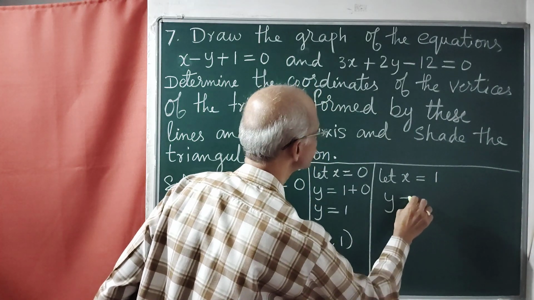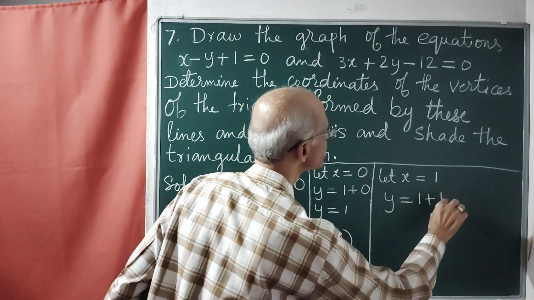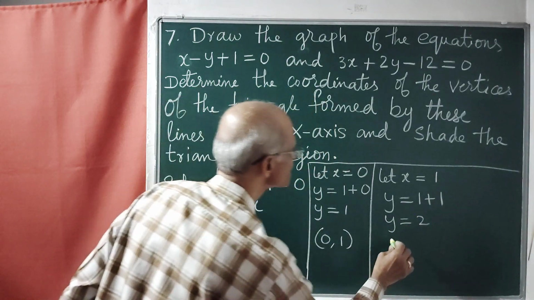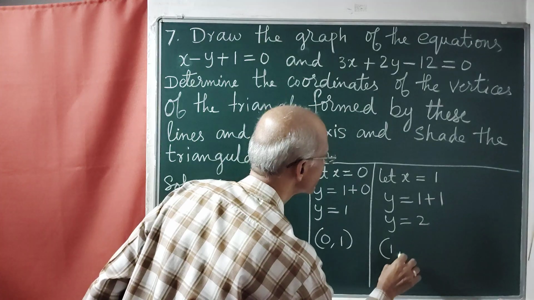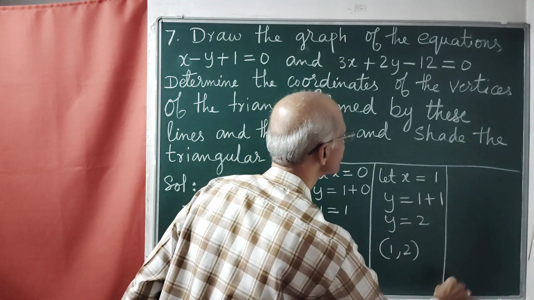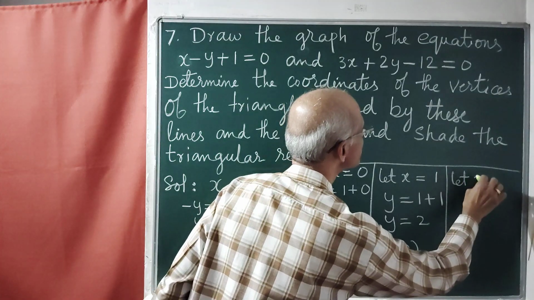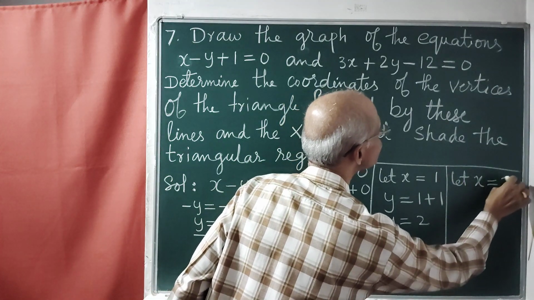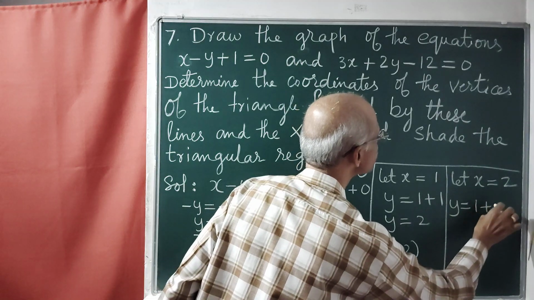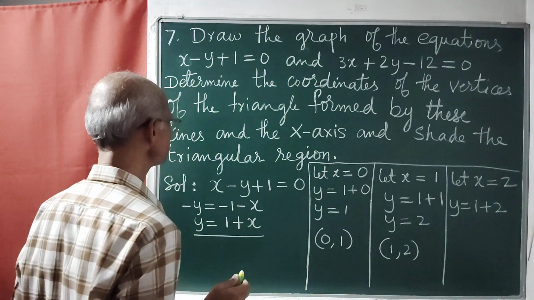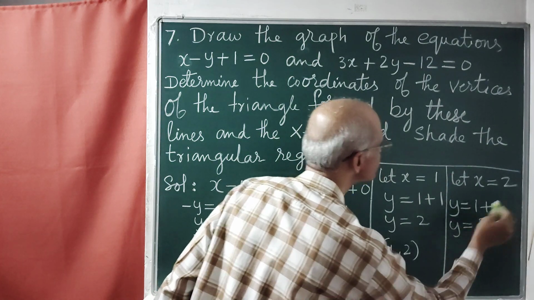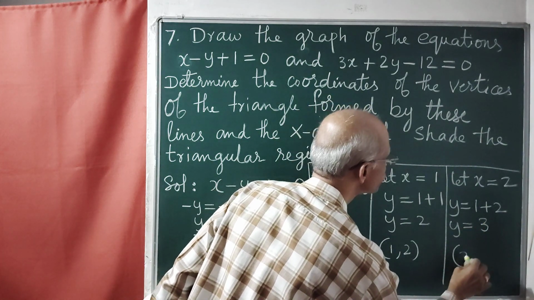Then y will be equal to 1 plus 1, so y will be equal to 2. So the second pair of coordinates is 1 and 2. Let x be equal to 2. So y will be equal to 1 plus 2, y will be equal to 3. So the third pair of coordinates is 2 and 3.